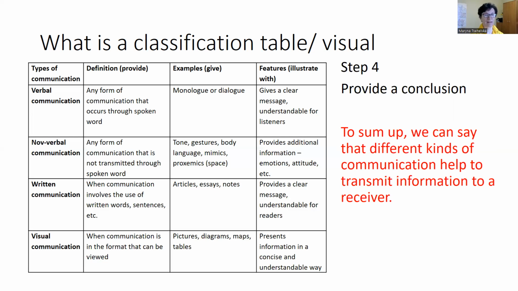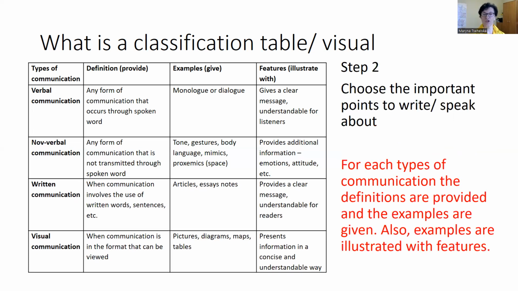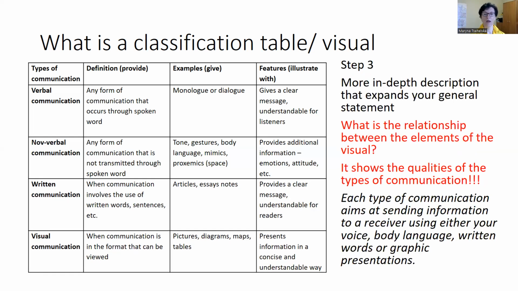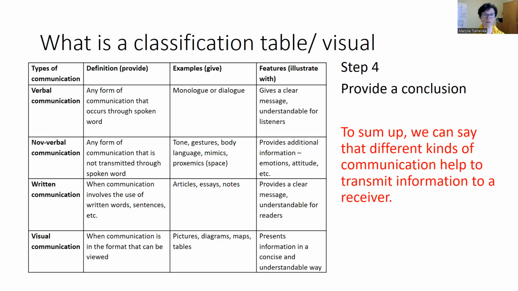We could add this. So now let's go back and see what we've done. We overviewed the table. We chose the important points to write or speak about. We did the more in-depth description. For this, we understood the relationship between the elements of the visual and expanded the statement. And finally, we provided a conclusion.